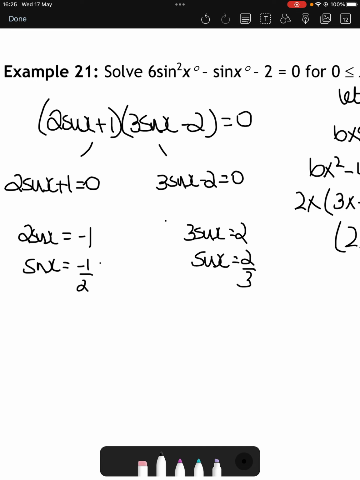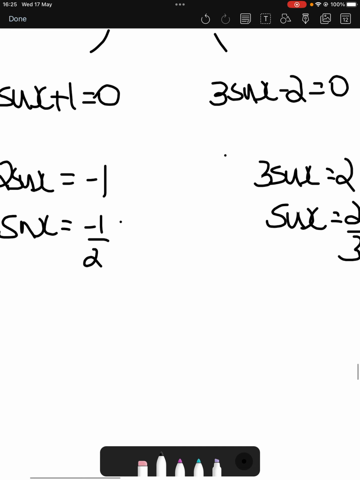We have fractions this time, so we're going to solve them like we normally would. This one you could do without a calculator technically, because it's an exact value, but the other one's not, so this is a calculator question.